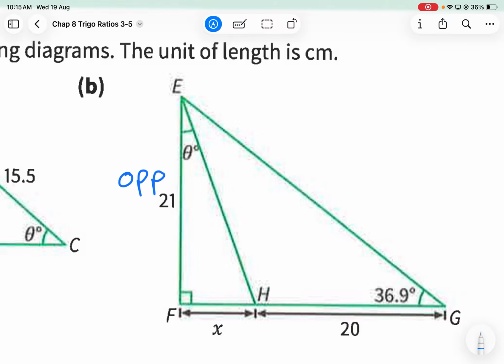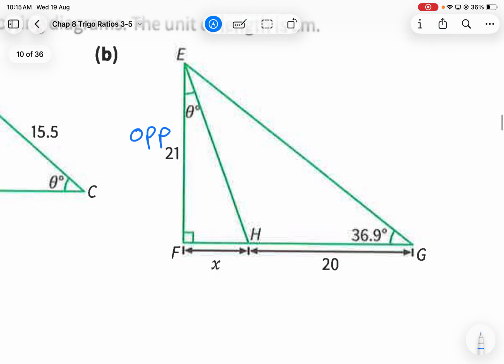Because this entire bottom inside the big right angle triangle, this whole thing, FG, is my adjacent. This whole thing is touching this angle. So this whole thing is my adjacent. If I know this whole thing, minus away 20 is my x already. So I need to do one more step before I find x. I need to find FG first.